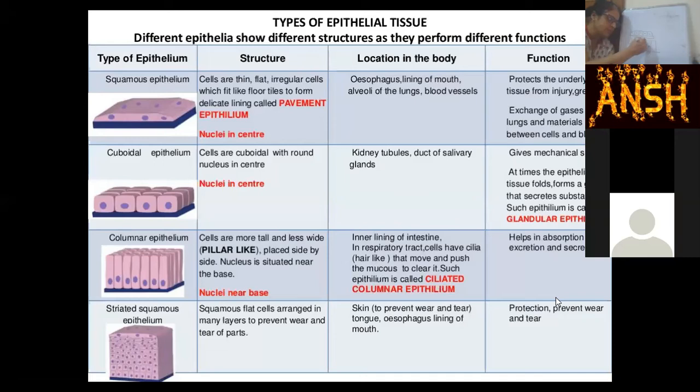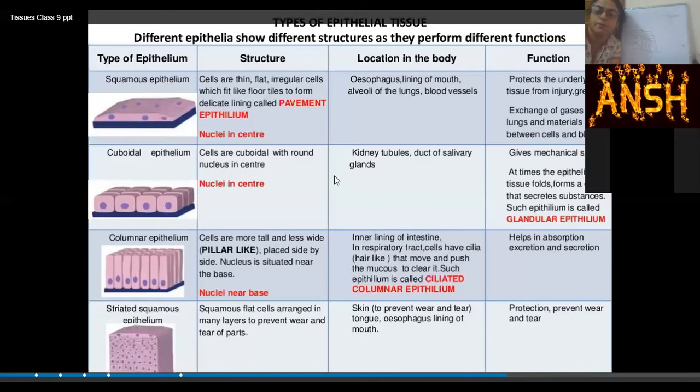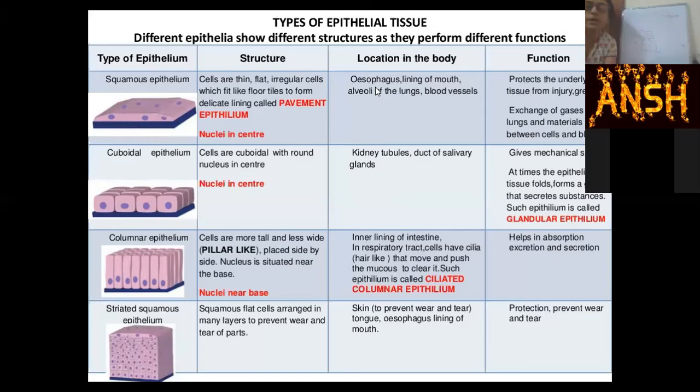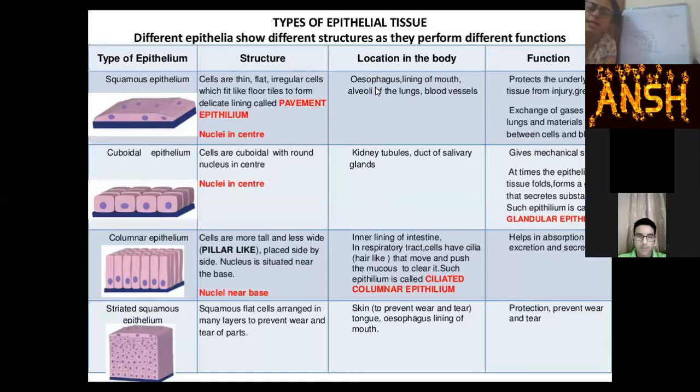Like what is there in our respiratory tract? We were exploring the topic of ciliated columnar epithelia, where I have told you that it is present in the respiratory tract. Okay, it is also present in the intestinal tract. What is its function?